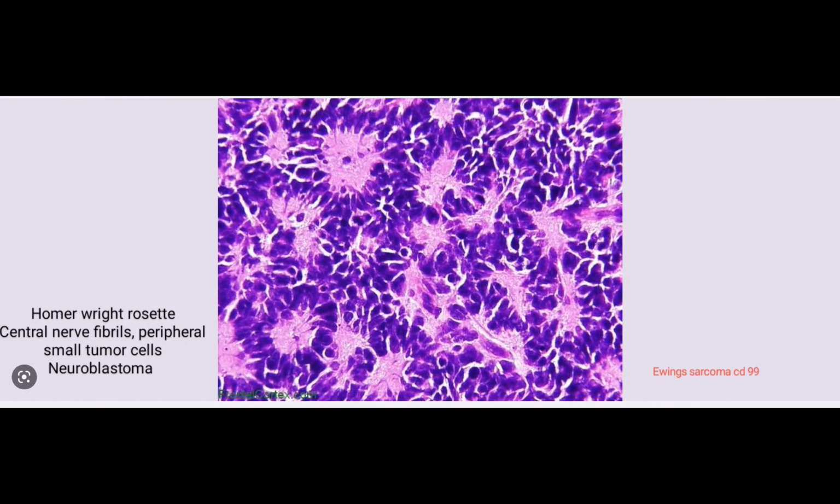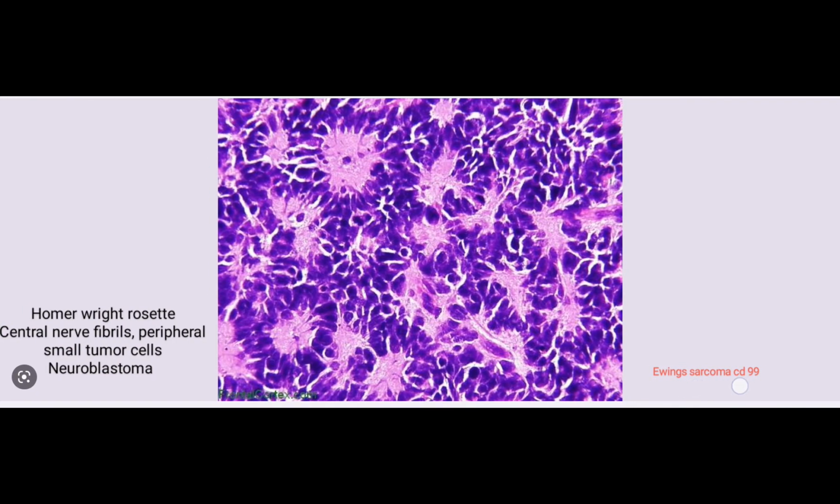Next image is of Homer Wright rosette. These are central nerve fibrils and peripheral small tumor cells. In the center we have the nerve fibrils and at the periphery we have the small tumor cells, and it is found in neuroblastoma. And also these small cells are found in Ewing sarcoma.